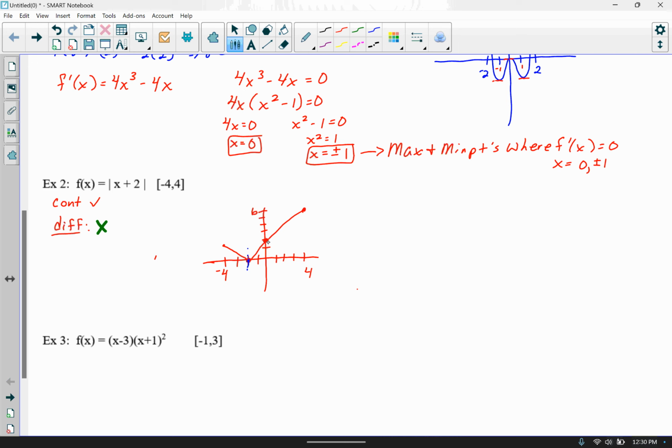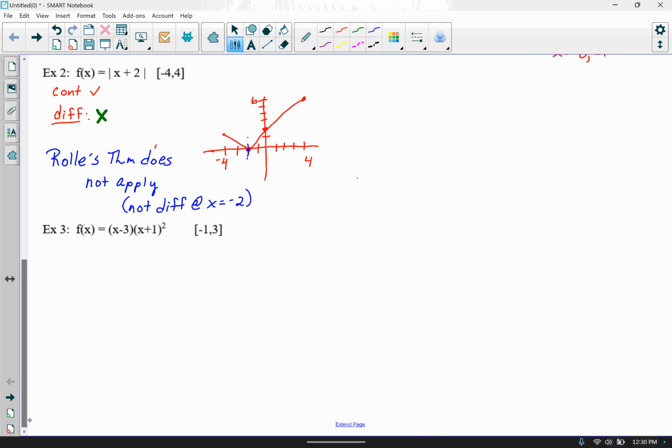But that's not my interval here. I'm looking at the interval from -4 to +4, and I have a place where I'm not differentiable. So Rolle's theorem does not apply. I'll just put in parentheses, it's not differentiable at x equals -2.